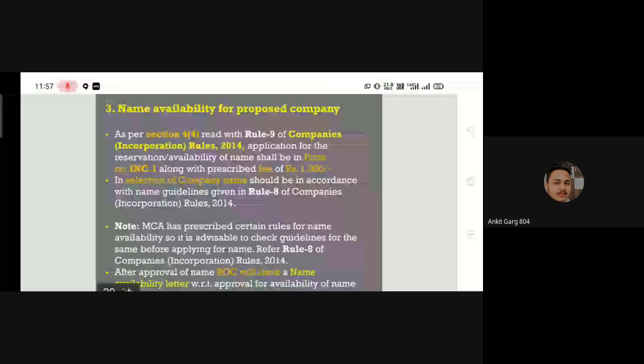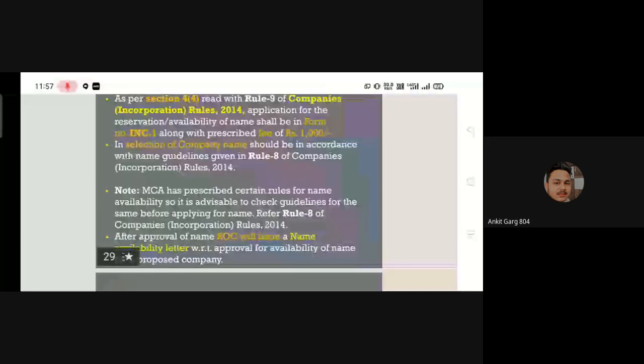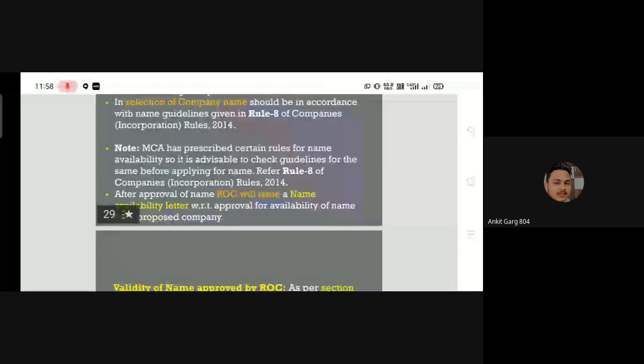The selection of the company name should be in accordance with the name guidelines given in Rule 8 of the Companies Incorporation Rules 2014. Note that MCA has prescribed certain rules for name availability, so it is advisable to check the guidelines before applying for the name. After approval of the name, the ROC will issue a name availability letter, which is approval for availability of the name for a proposed company.